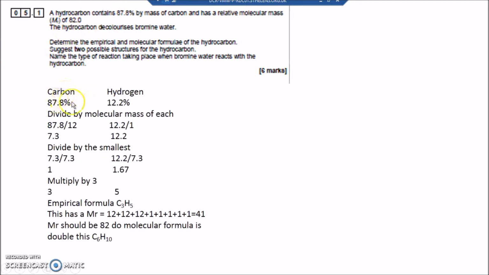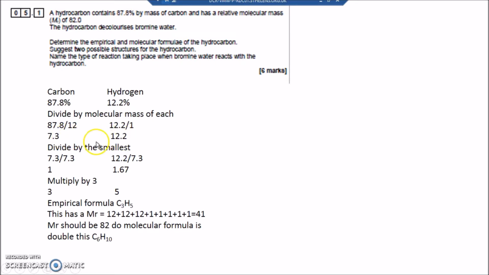When you've worked out the percentage of hydrogen by subtraction, 100 take away 87.8, then you divide by the mass of each atom. So 87.8 divided by 12 and 12.2 divided by 1 gives you 7.3 to 12.2.